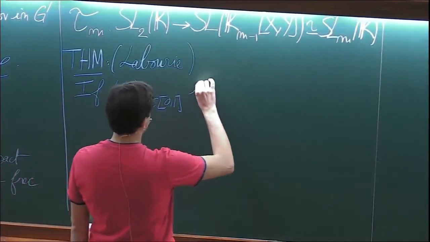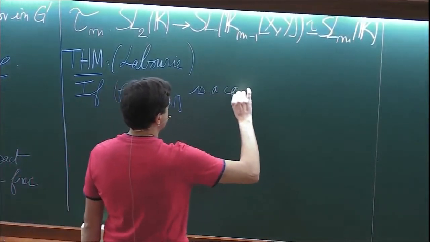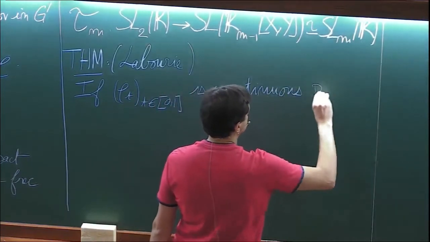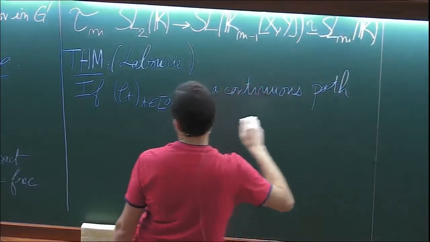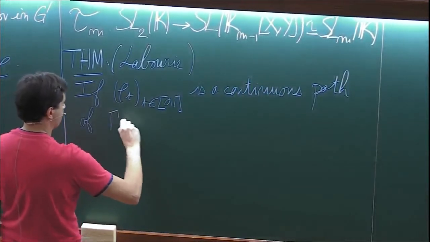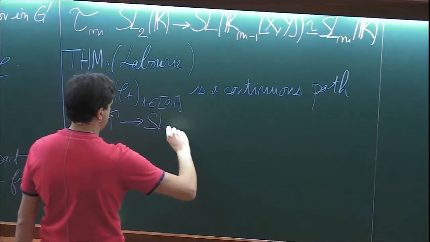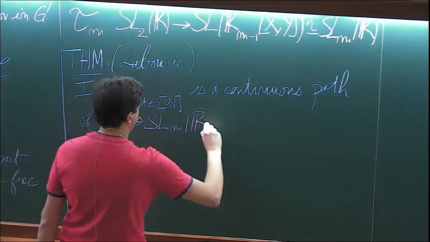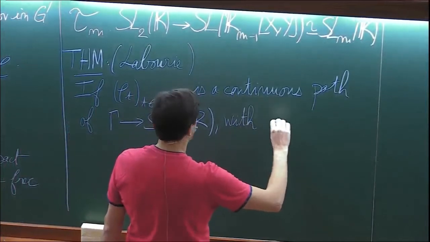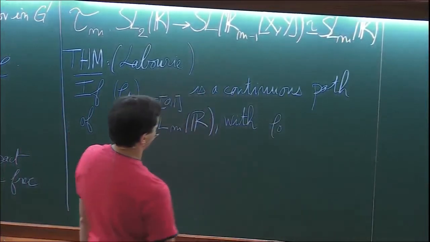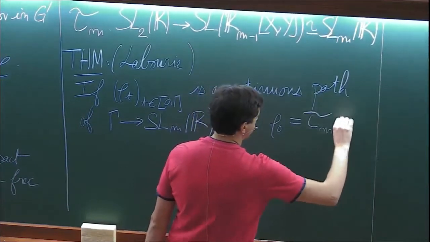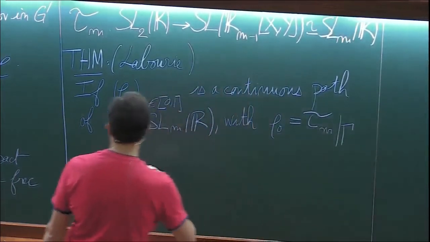So it is a continuous path of morphisms from gamma to SL(m,R) with rho 0 equal to the restriction to gamma of this tau m.